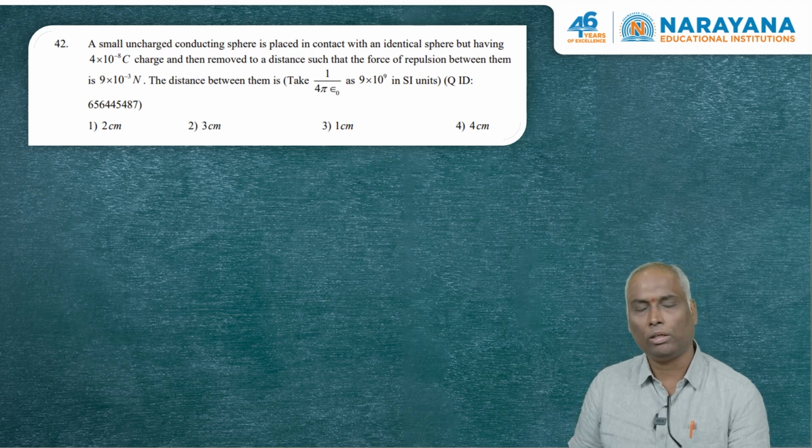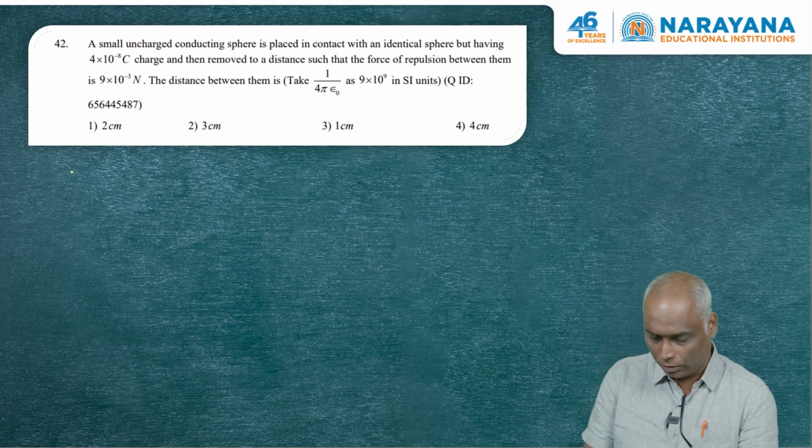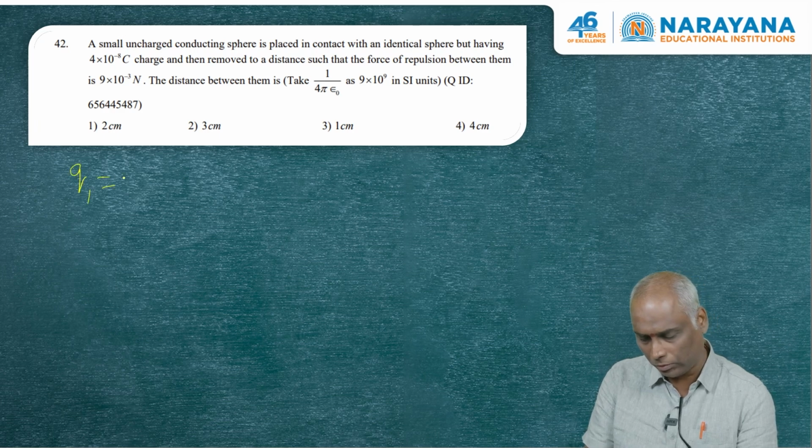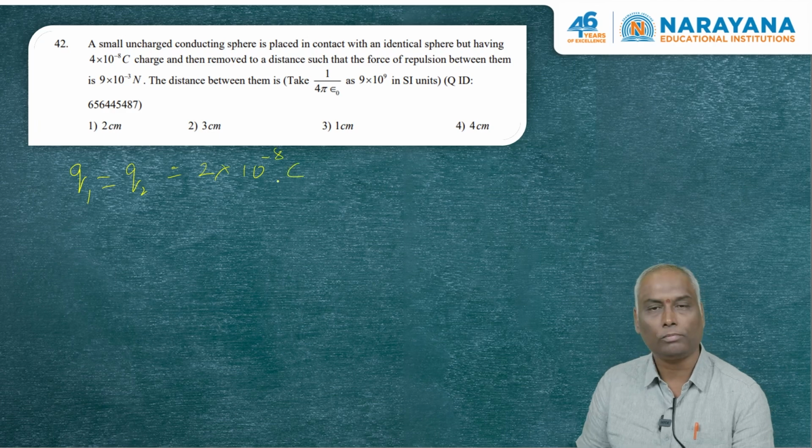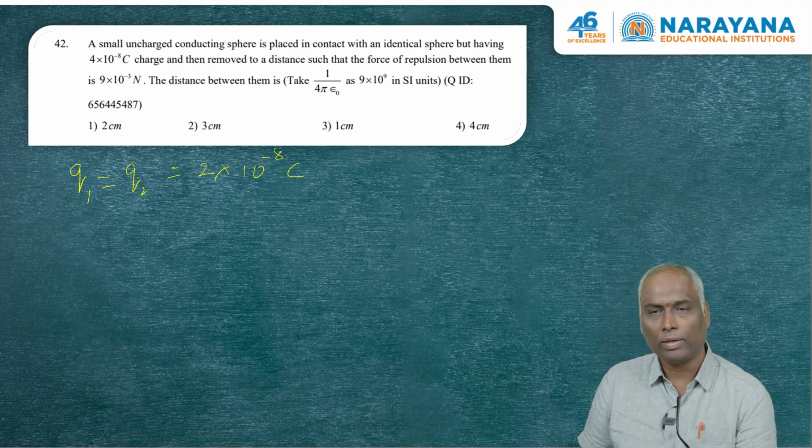When they are brought in contact, obviously because of same dimensions, the charge will be distributed uniformly. The charge on each sphere after they are brought in contact becomes Q1 equals Q2 equals total charge divided by 2, which is nothing but 2 into 10 to the power of minus 8 coulombs. So here you are asked to find the distance between the two charges if the force is 9 into 10 power minus 3.